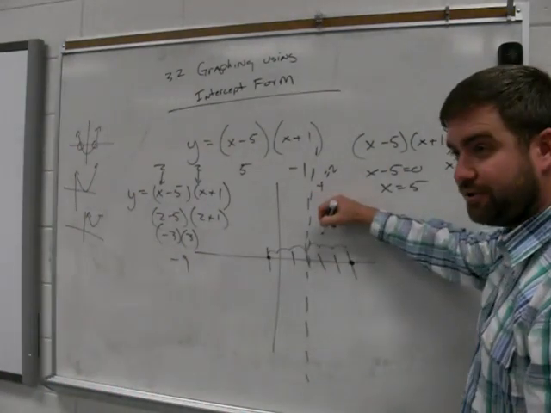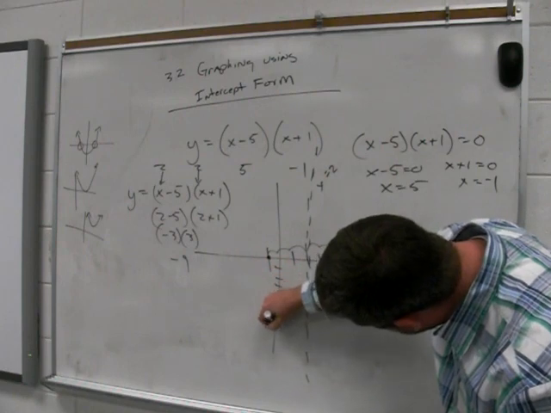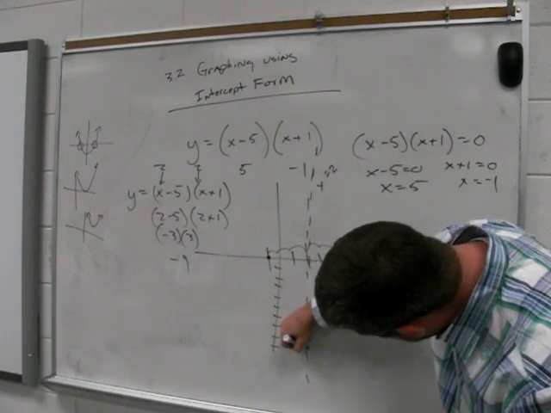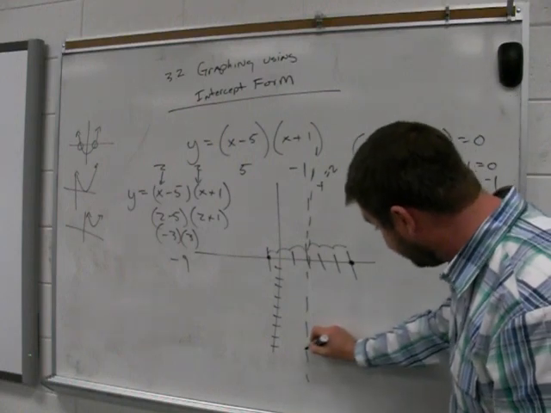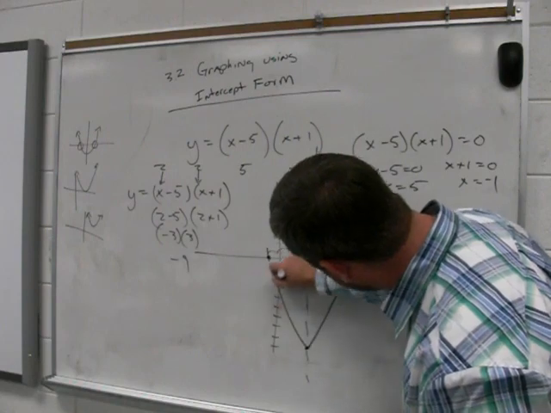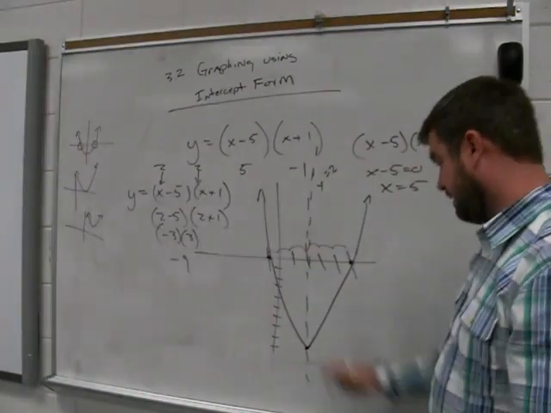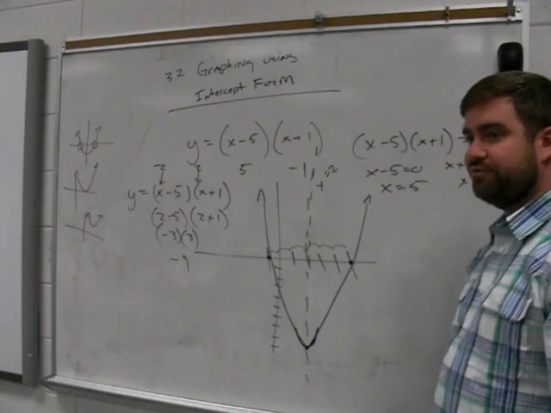At positive 2, negative 9. 1, 2, 3, 4, 5, 6, 7, 8, 9, right here. So there's my vertex at positive 2, negative 9. Let's see if I can make my parabola. There and there. And it should look nice and scooped right here. Nice and scooped, no V's.